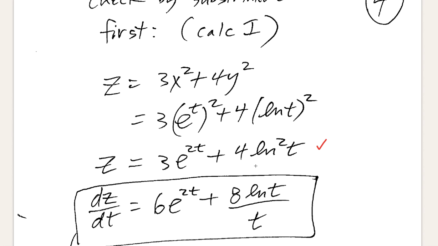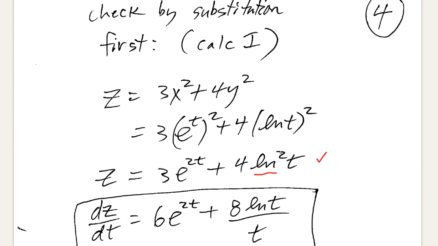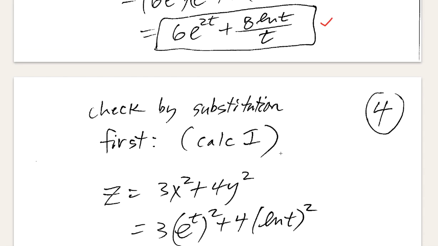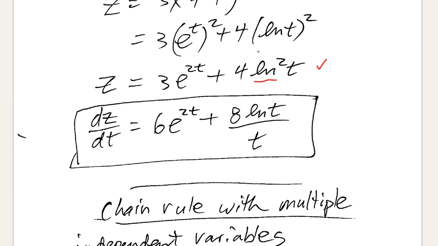And if I do that, don't forget the simple Calc 1 chain rule, because that's a composition, natural logarithm of t squared. But I get exactly the same answer in either case. See how I got around using the chain rule by just using substitution?